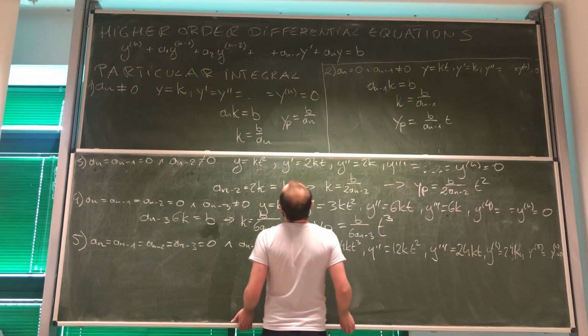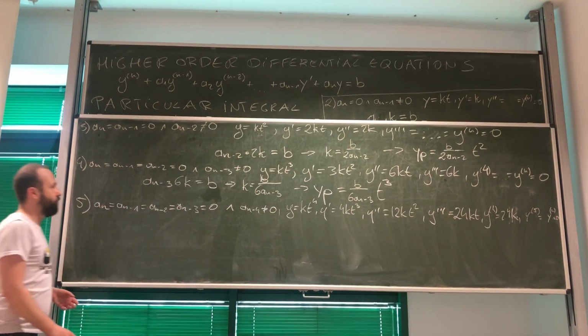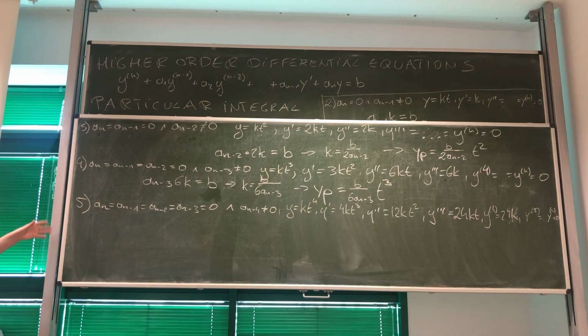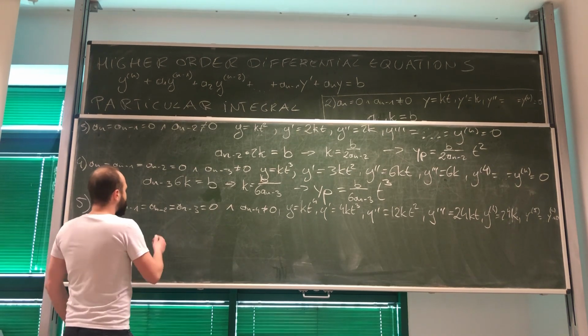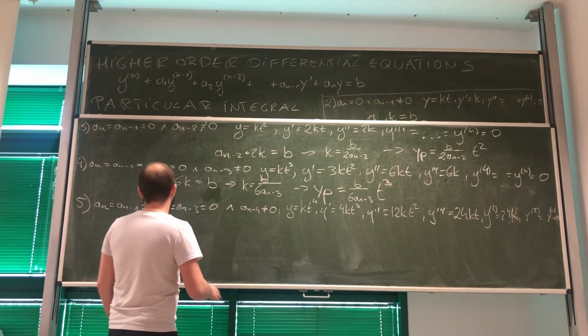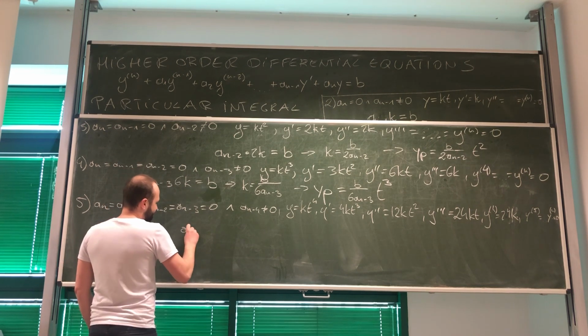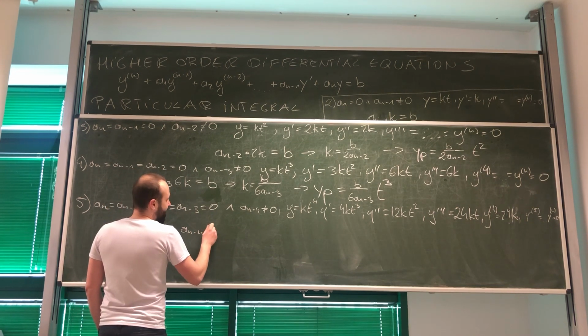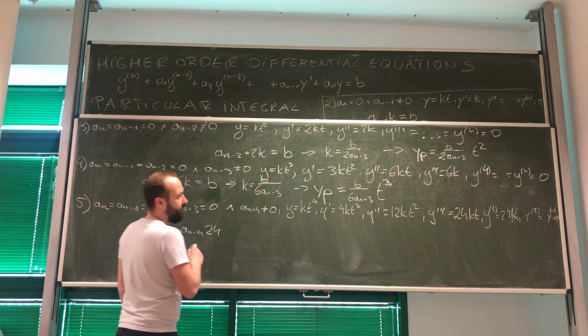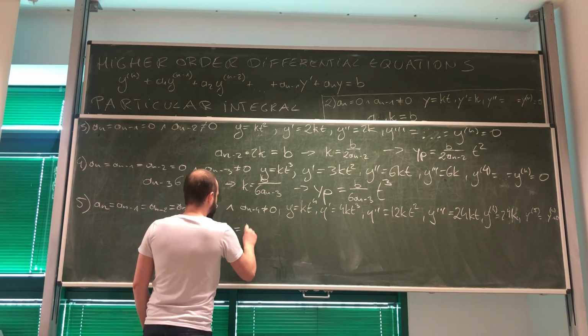Okay, what should we do with this? The trick is very easy. Again, all the components are gone except for a_{n-4} times 24k equals b.